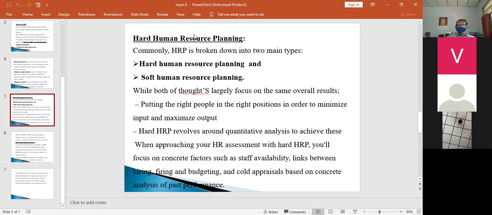External problems in the sense societal problems, family problems, or neighbor problems, whatever it may be. Personal problems also come under external problems, and internal problems in the sense why the employee is facing problems internally. Internally in the sense with his colleagues or with his superior or with subordinates, or the work environment being a major problem to the employee.